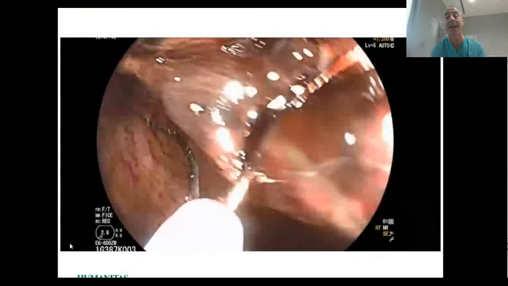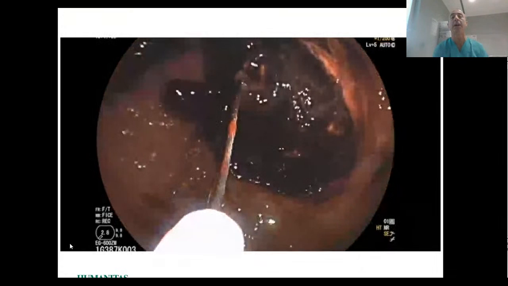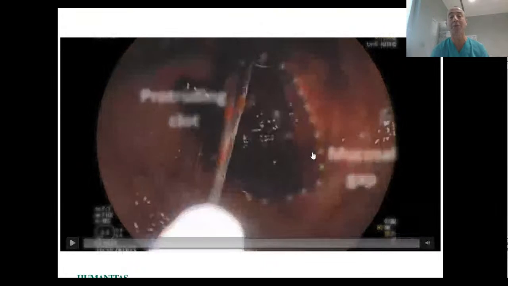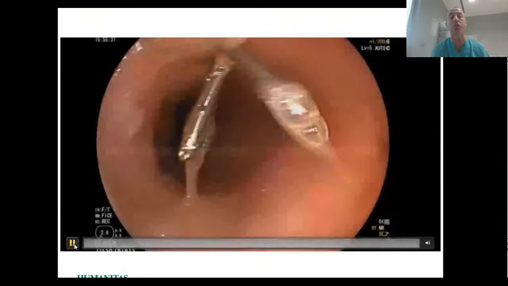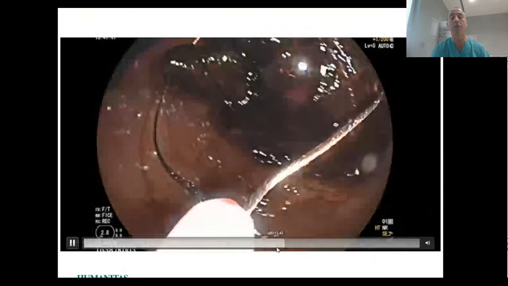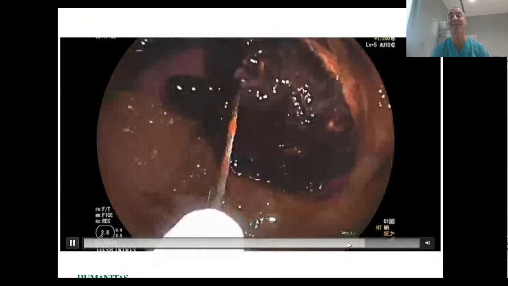I put the scope down again, and this is at the cardia in retroflexion. There was a big clot. I really was scared. There was a huge mucosal gap. So the clot created a very large hole into the cardia, and I tried to remove that.